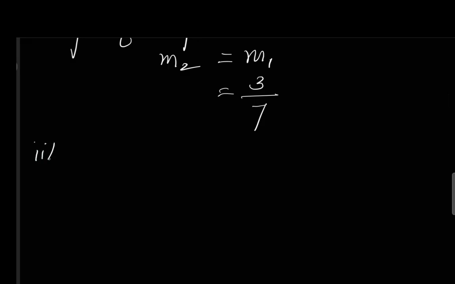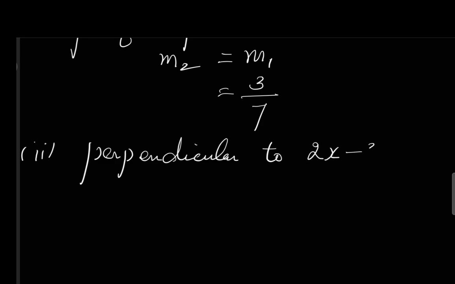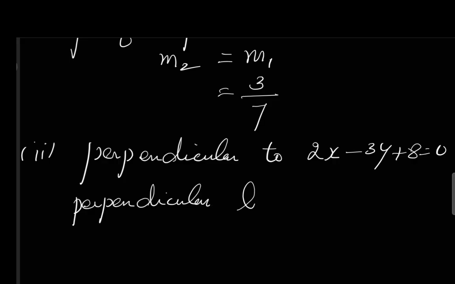But in the second part they ask you to find the slope of the line perpendicular to 2x minus 3y plus 8 equal to 0. In that case, for perpendicular lines, the product of the slopes is equal to minus 1.